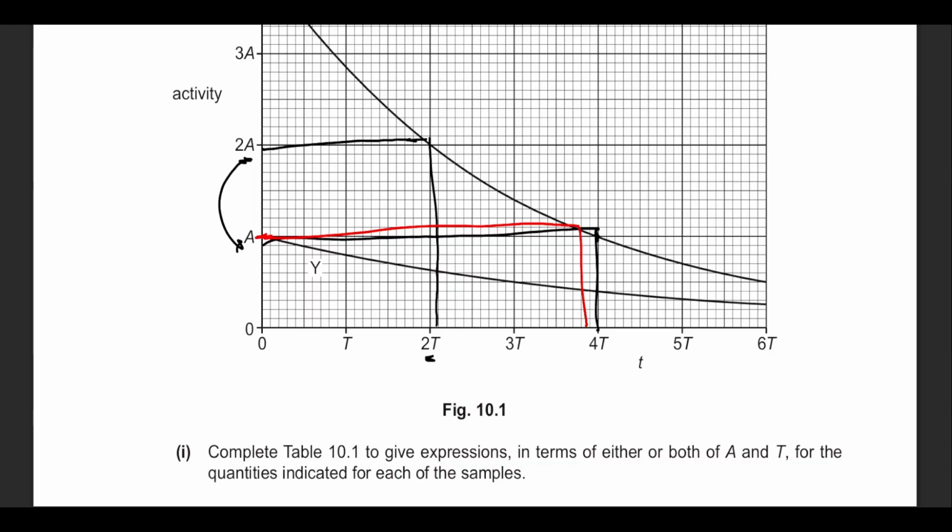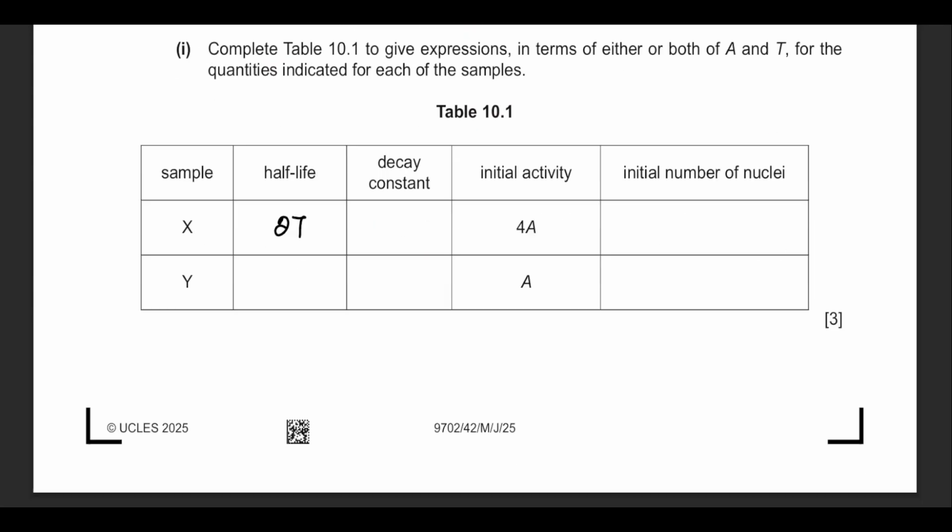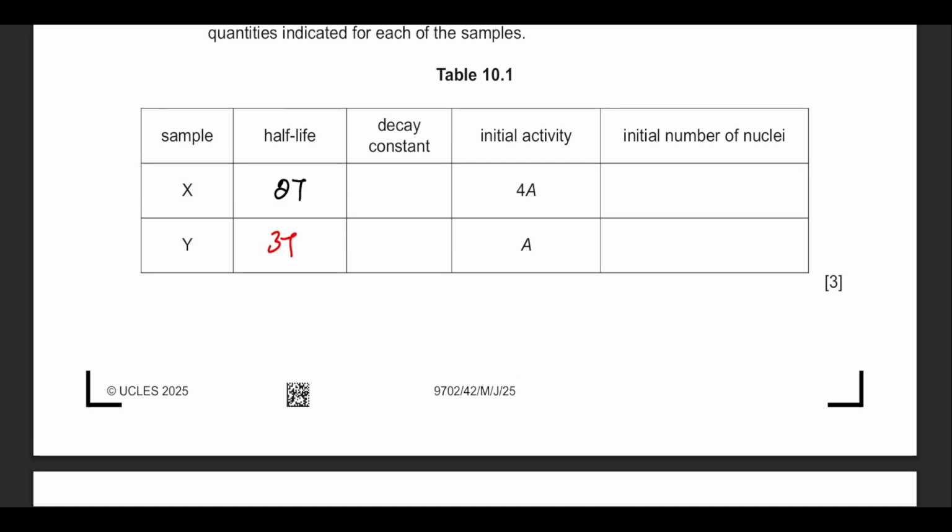Is it 1? Yeah, it is. So it should be started from 0.5. So 0.5 gives me 3t. And I'm sure if you go much further down, half of this will bring you 60. Okay? So the half-life is 3t.